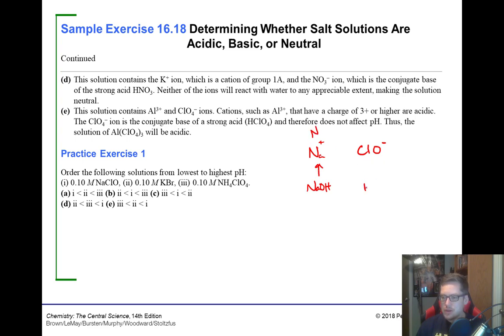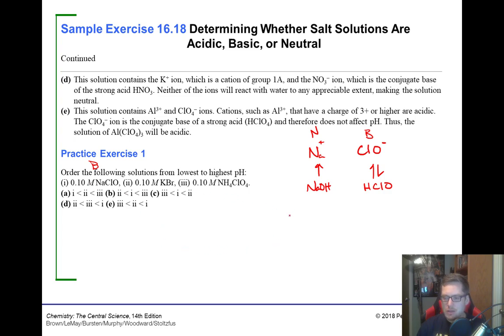This would have had to have come from hypochloric acid. Hypochlorite? No, so it would be hypochlorous acid. Excuse me. All right. Anyway, so this guy's a weak acid, so it goes both directions. So that means this solution would be basic. All right. So we'll just put a little B symbol here for basic.